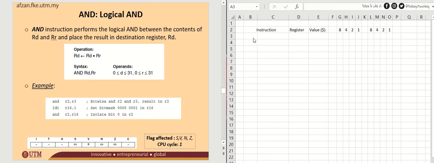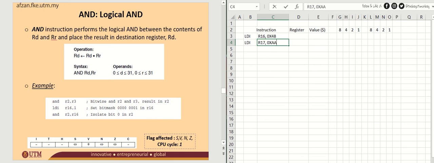Okay, let's look at this example here. Let's say we're going to have LDI R16, 0x48, for example, and then LDI R17, 0xAA.